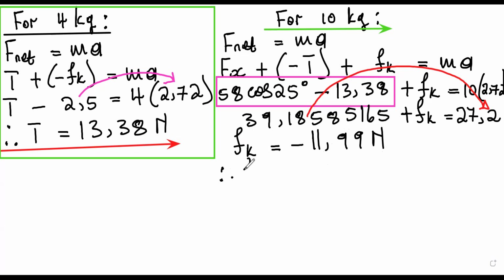But of course, you need to conclude and say, well, therefore, it's going to be 11.99 newtons to the left. Or you can say in the opposite direction to the direction of motion.